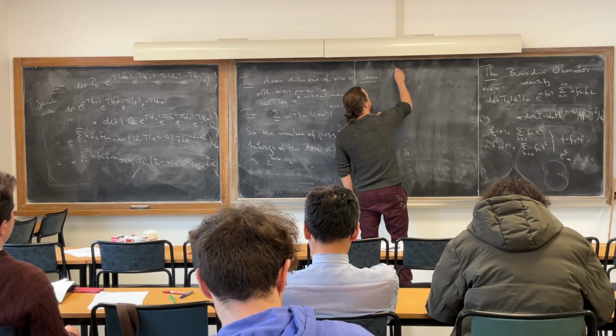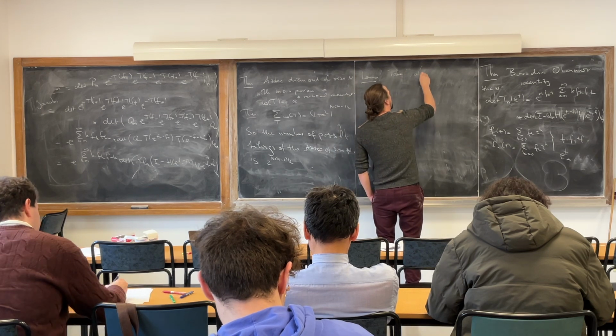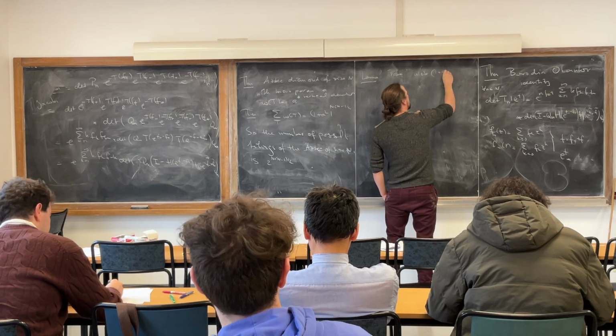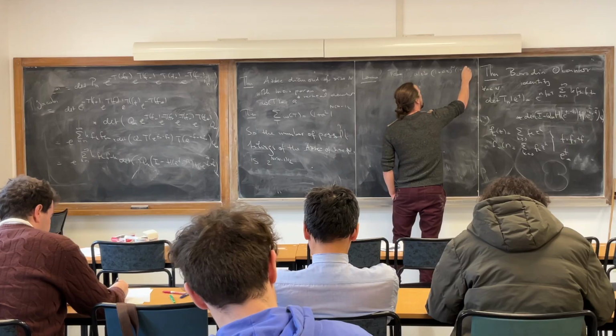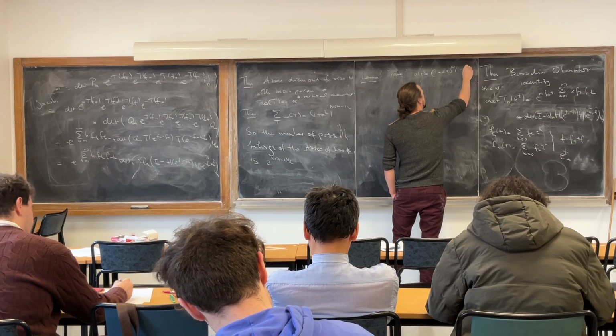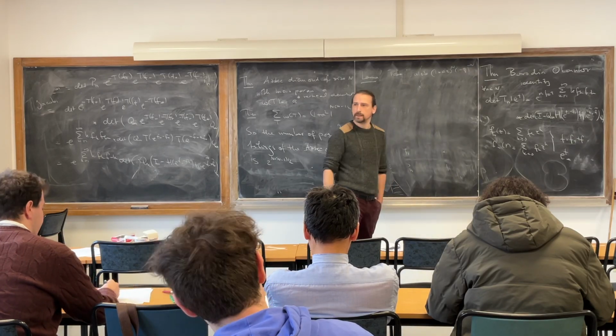Take the symbol A of z is (1 + az)^n times (1 - a/z)^(-n). Take this symbol.